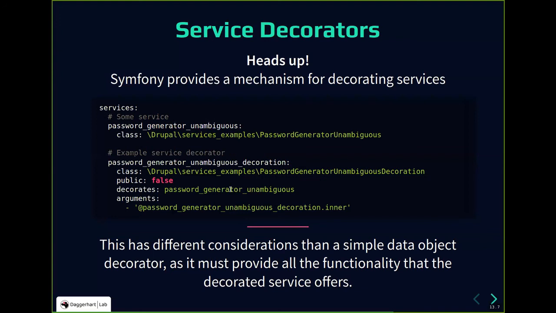And there's a good bit more to this. You can change the order in which decorators wrap the original service, so you could have one decorator happen very early and another happen very late. Generally, it shouldn't matter. If some part of the system is decorating a service, then that functionality is desired by the system.